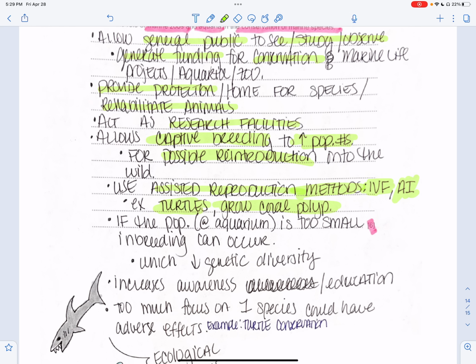If the population of aquariums is too small, inbreeding could occur, and this is all in regards to the reproductive attempts they have. It's reproductive strategies.